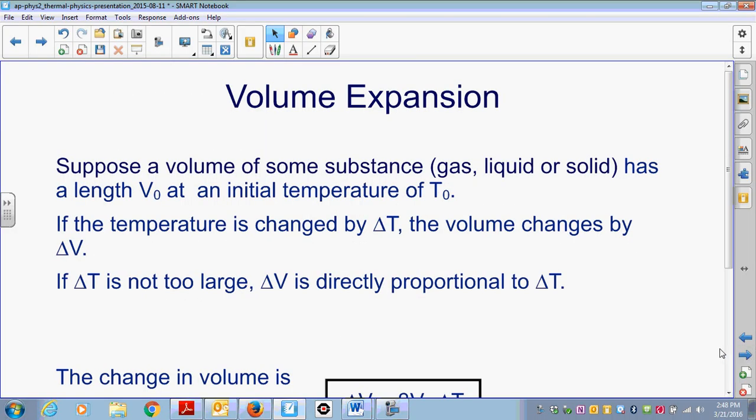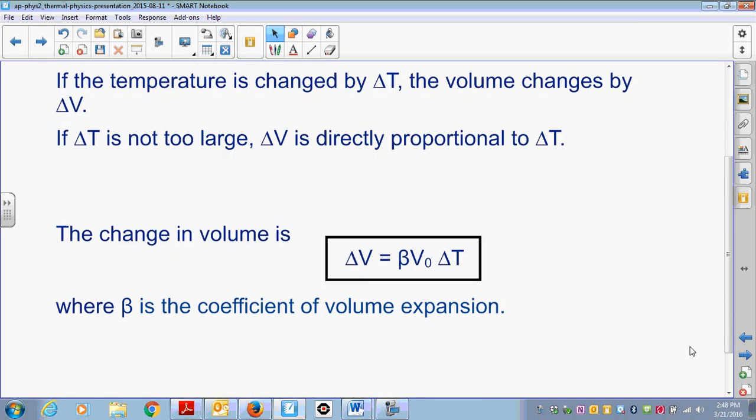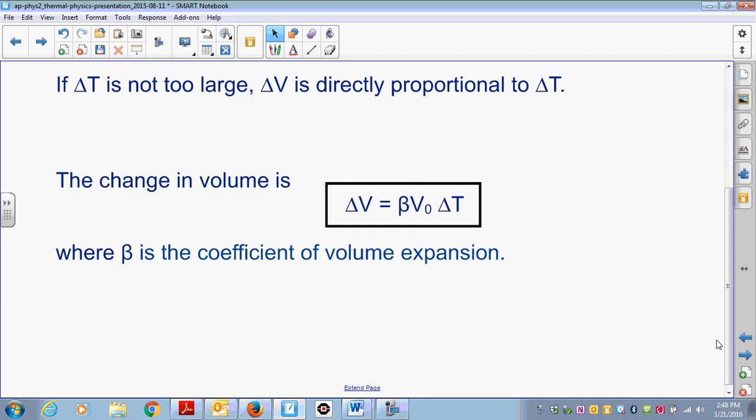Suppose a volume of some substance, whether it be a gas, liquid, or solid, has a volume of V naught and an initial temperature of T naught. If the temperature is changed by delta T, then the volume will also change by delta V. Again, if this change is not too much, there will be a direct proportional relationship between delta V and delta T. We define the change in volume as beta V naught delta T, where beta is the coefficient of volume expansion.